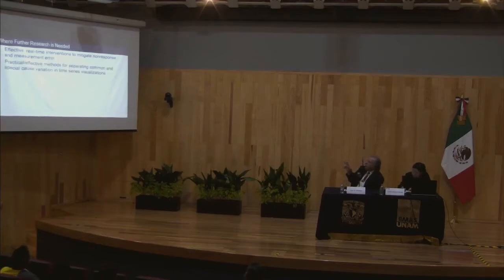We also need practical, effective methods for separating common and special cause variation, because I think this is very important. From what I've seen, staff who have many years of experience in field work misinterpret variation. They know all about data collection from whatever mode you want to use, and they're very knowledgeable about surveys, but when they look at response rates over time, they still think that if the response rate dropped by 3 points for a particular interviewer, that interviewer needs to be retrained or contacted, and there's a problem there.